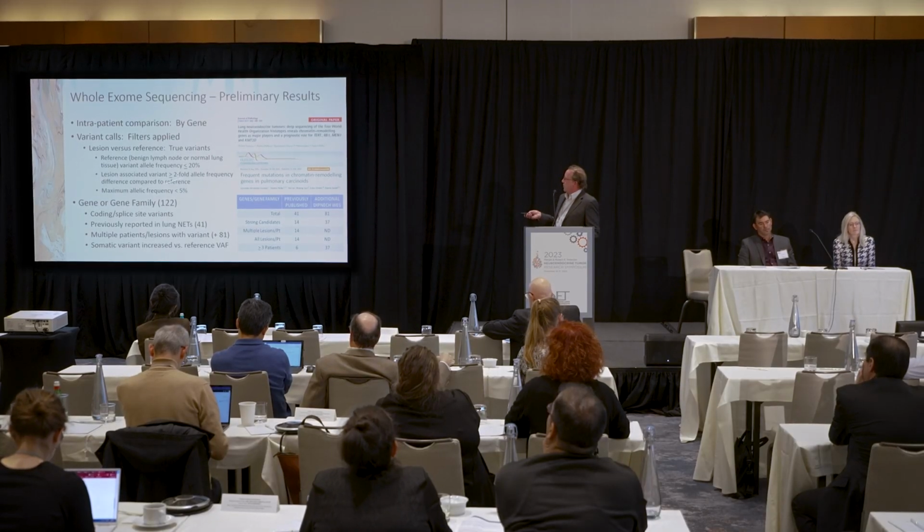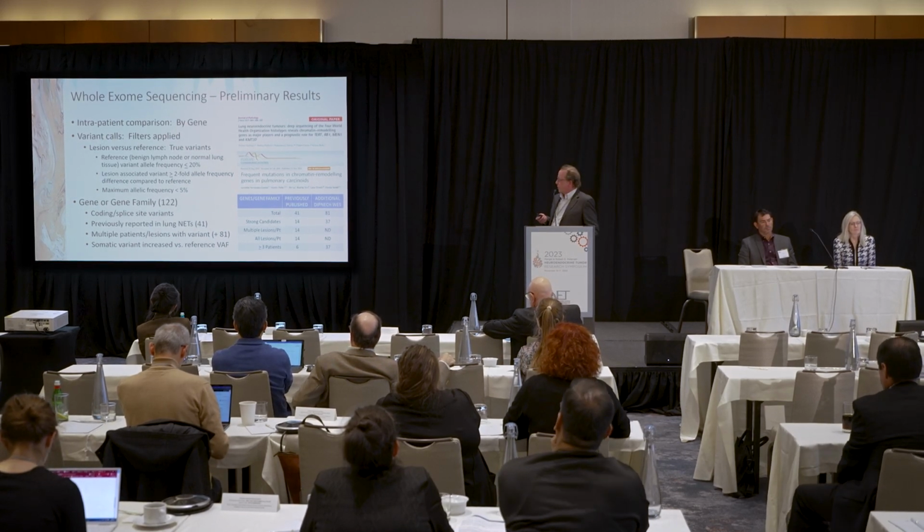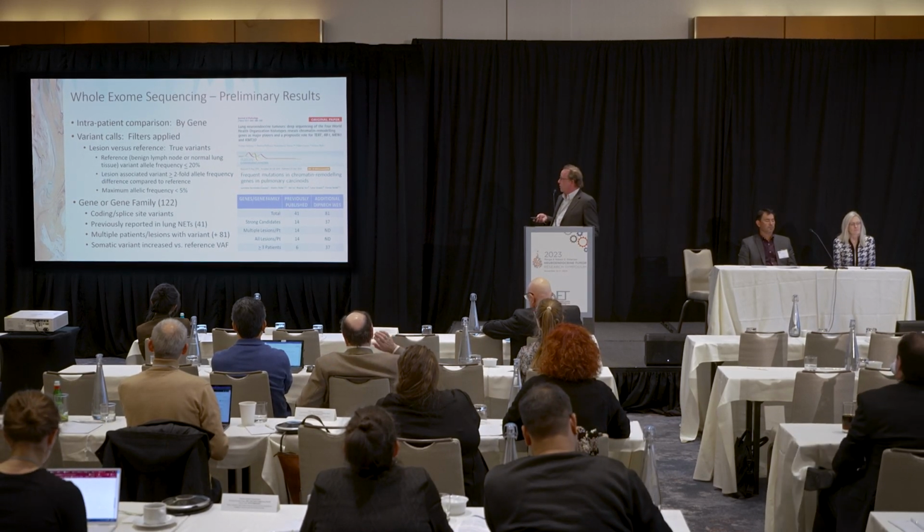So we took another approach following that, by looking within patients to see if we could find particular genes where we found multiple variants. Again, we applied the same filters and ended up with a list of, I believe, around 6,000 variants.